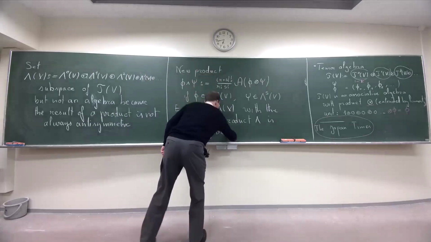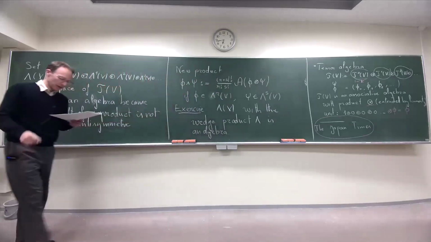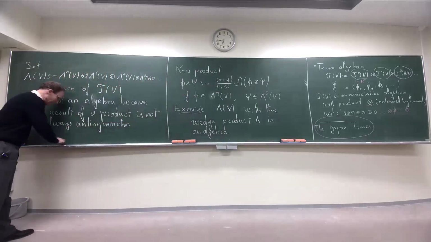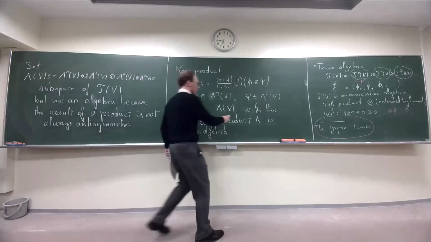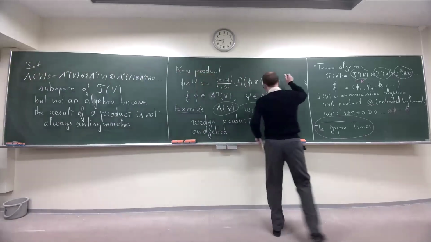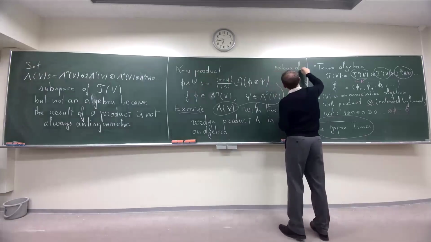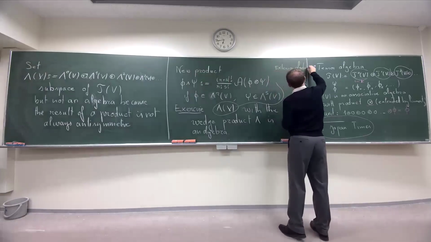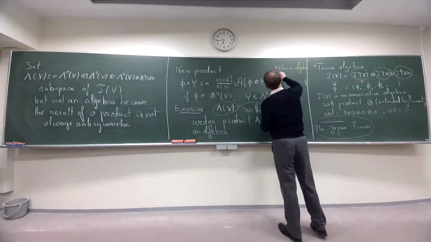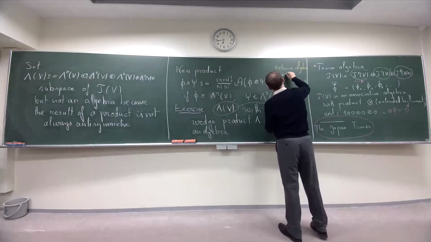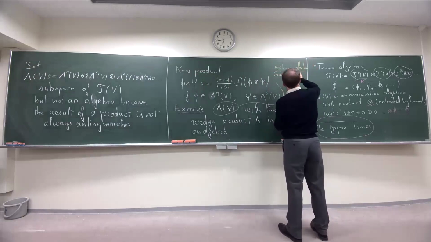So it's stable for multiplication. It's a vector space and it's stable. And it has a name. When you put it with this product, it's called either the exterior algebra or also the Grassmann algebra.